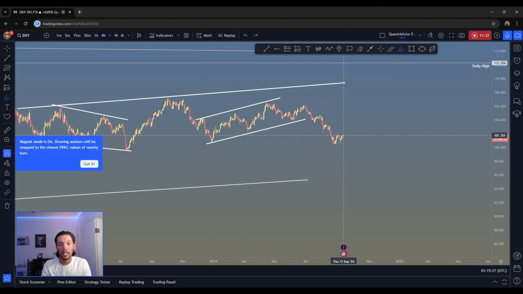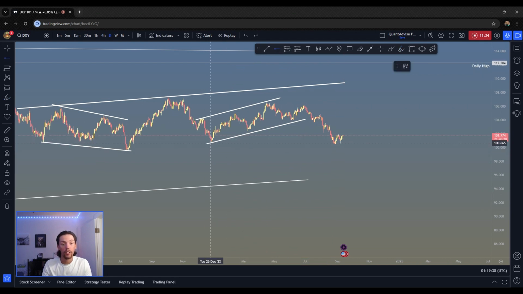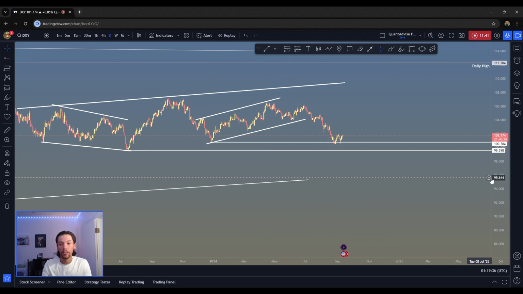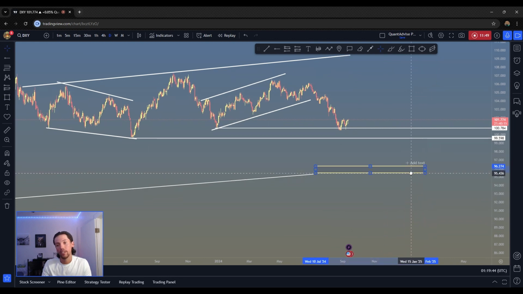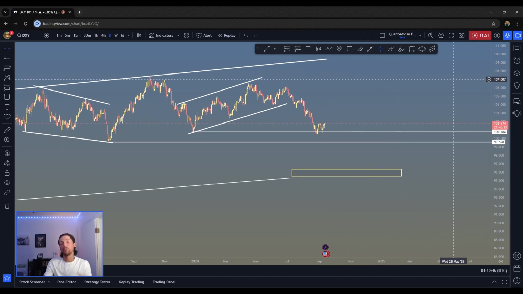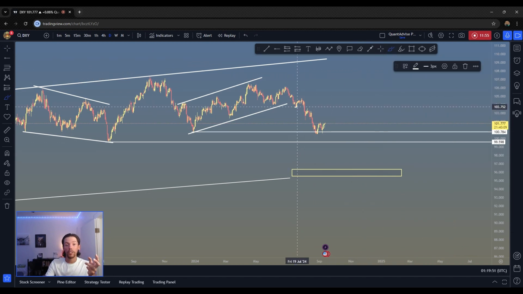Something I'm going to keep in mind here is it bounced off of that, and we had this potential target there, and we still have, now I'm going to just draw a box, but we had this potential target in this area too, right? So if we were looking for lows, I love how price is breaking out of here.